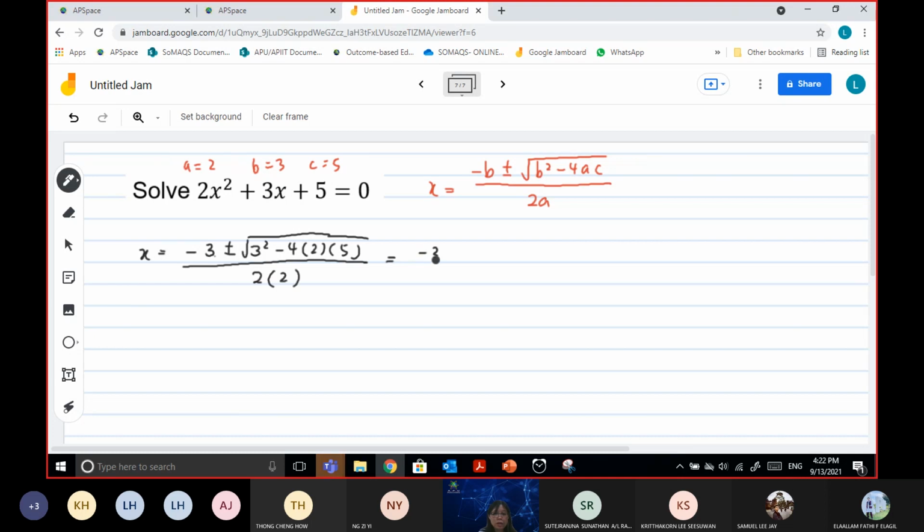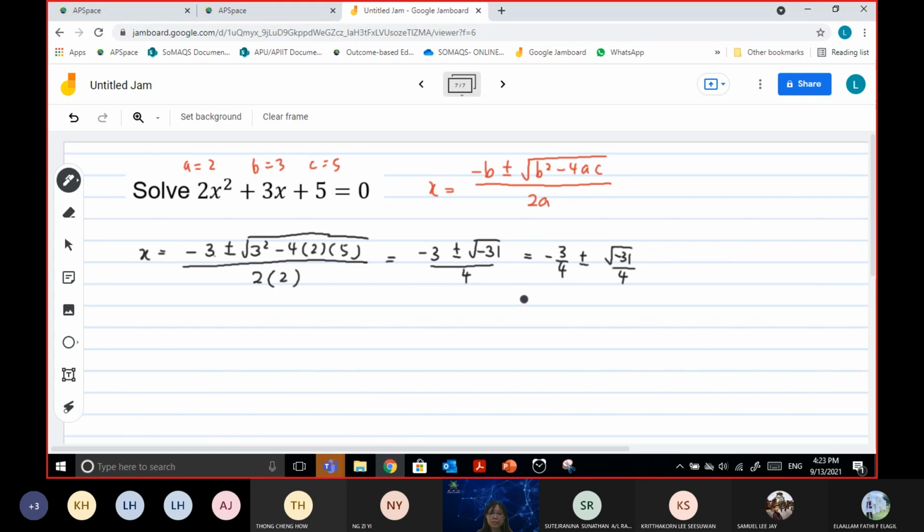So inside the square root we get negative 31. When the whole thing is divided by 4, that means negative 3 over 4 plus minus the square root of negative 31 over 4.